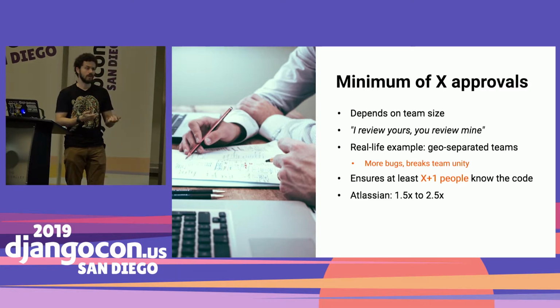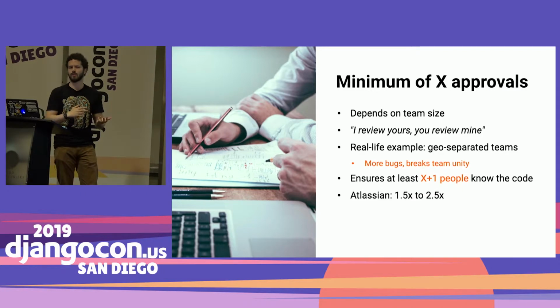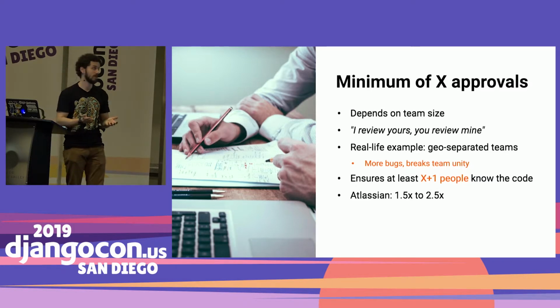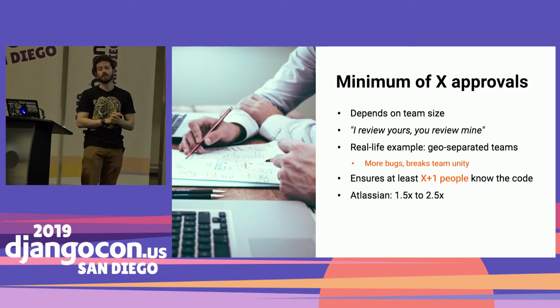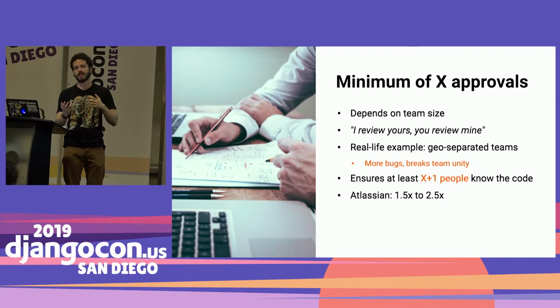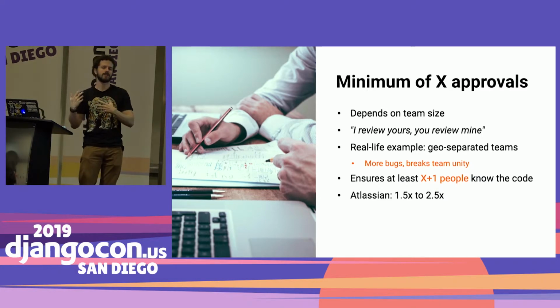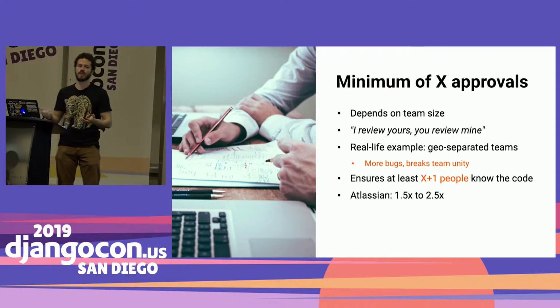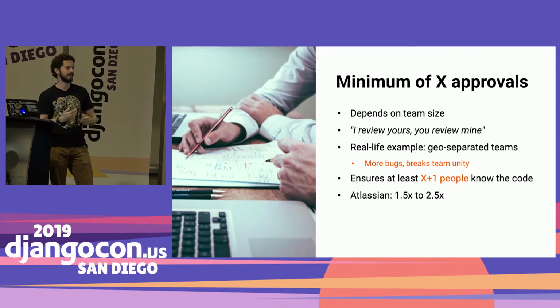And every now and then, their code would come to us with bugs. I don't know if the review process was not good enough, or they were just skipping the review, but that would happen. It would also break the team unity. We would end up saying amongst ourselves, oh, those guys, they always ship broken code. And it would create a rivalry feeling between the teams, even though we were a single team.